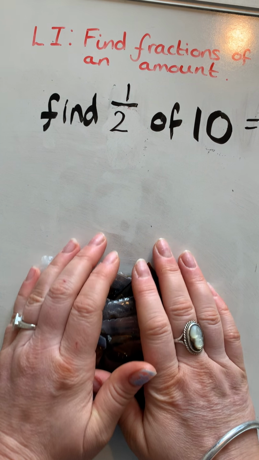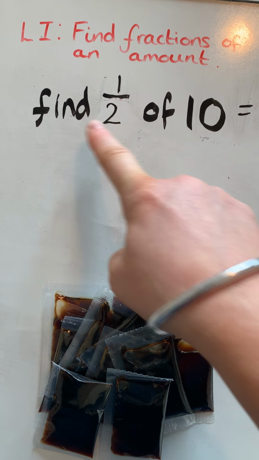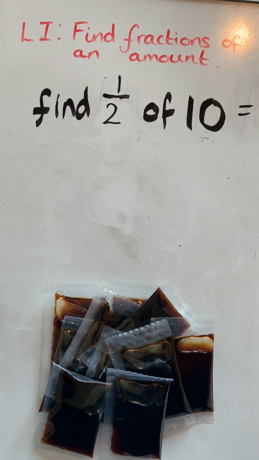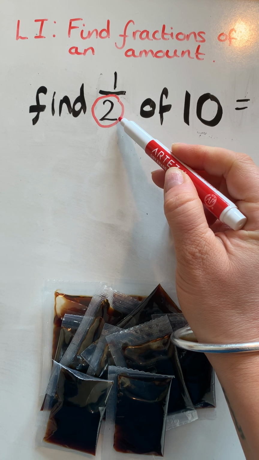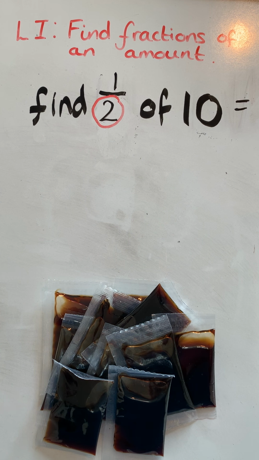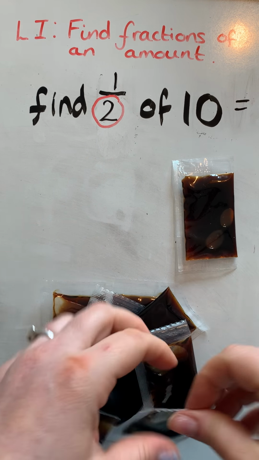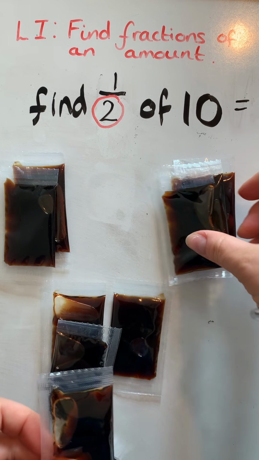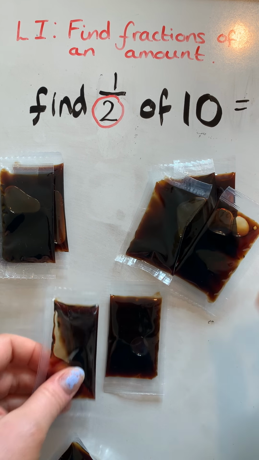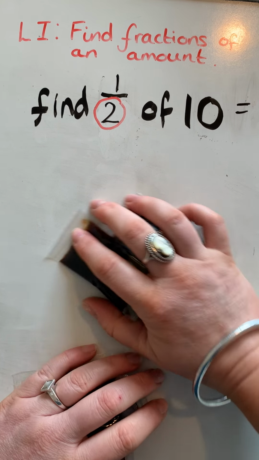There's definitely 10 there. So how many groups do I need to make? Well, I'm trying to find half, so that means I need to make 2 equal groups because 2 is our denominator in the fraction half. So 2 equal groups. There's my 2 equal groups.